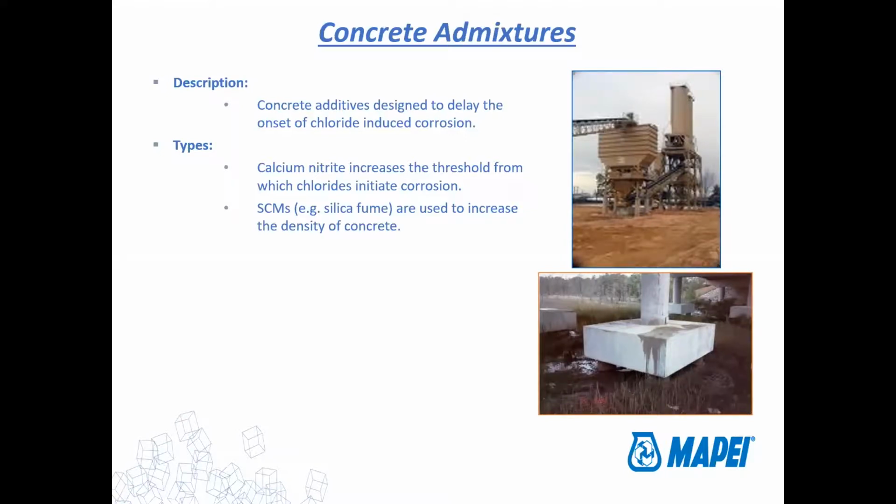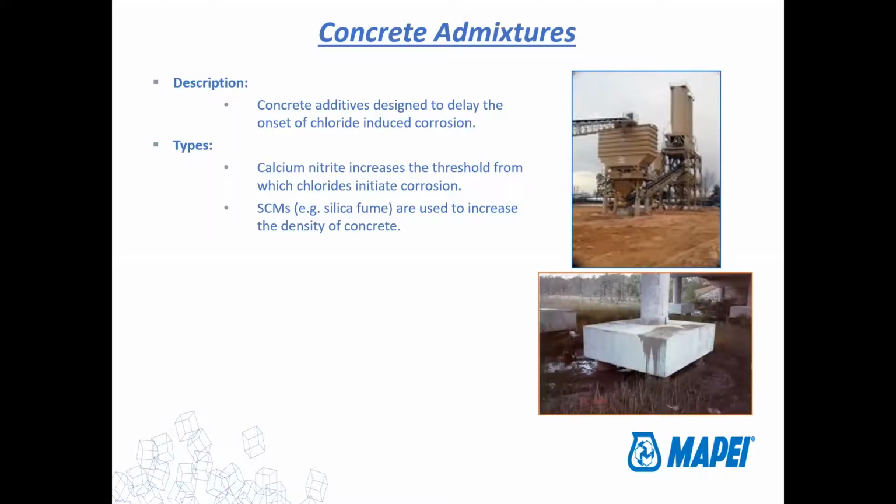All the calcium nitrite does is raise that concentration level from 330 up to some higher number. Supplemental cementitious materials, SCMs, also do this, more so by increasing the density of the concrete.